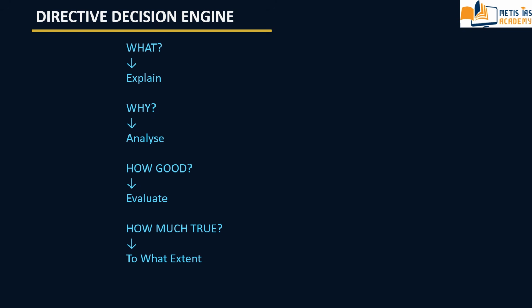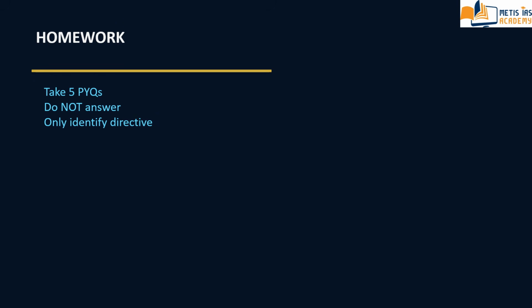So take any PYQ. Do not answer in the first instance. Only identify the directive. That is your homework, because from today, reading becomes more important than writing. Most aspirants ask, how do toppers think?